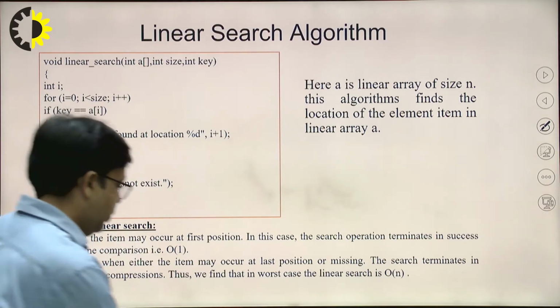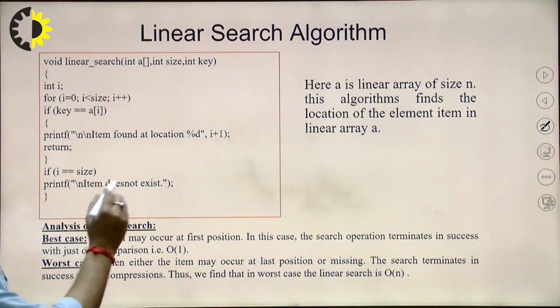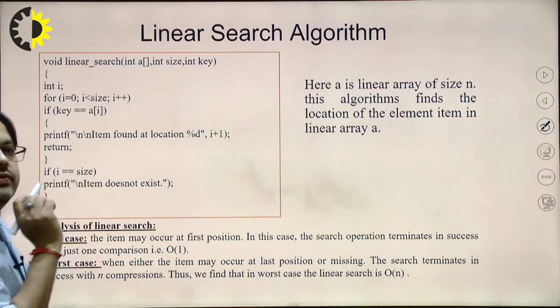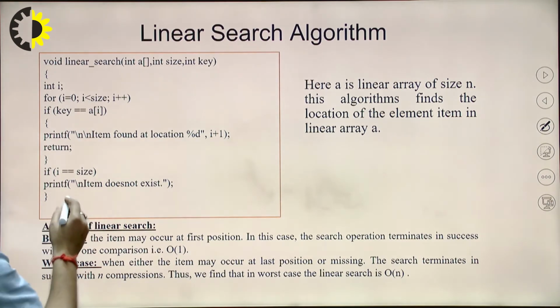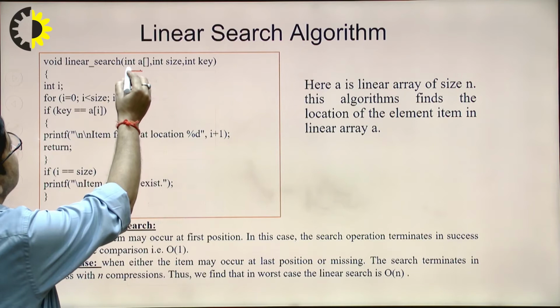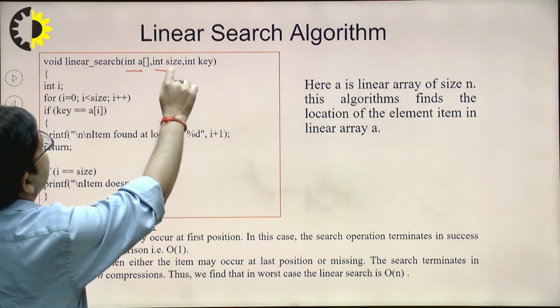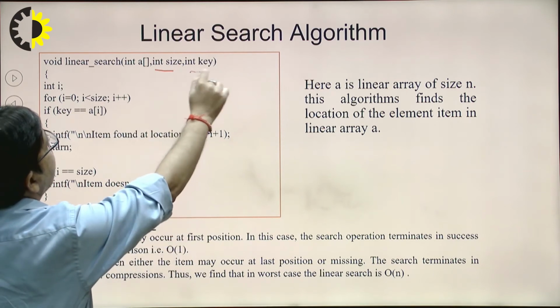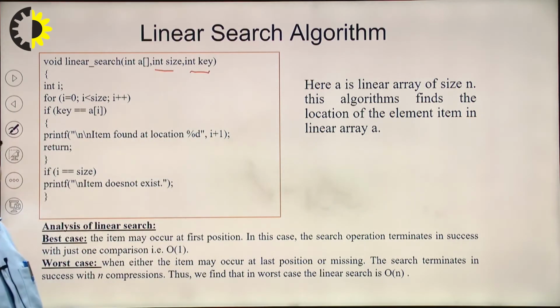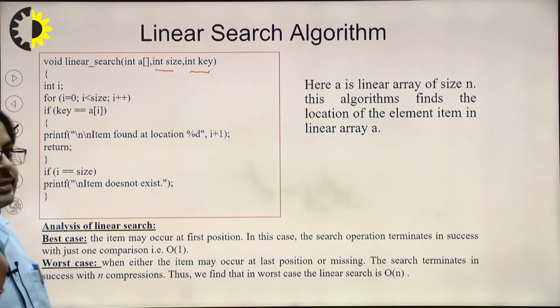We are trying to understand this approach with the help of this function. Here we pass an array to the function, the size of the array, and the key element, our desired element that we want to find in the given list.